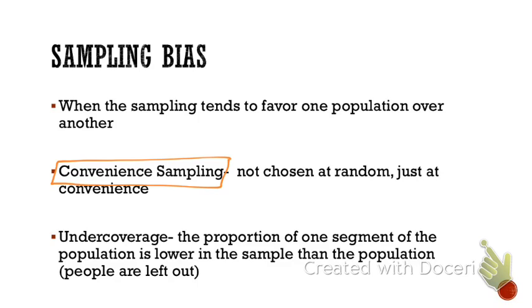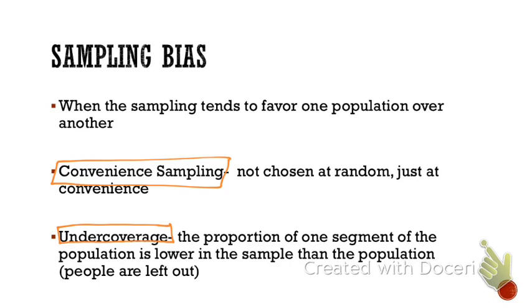The second one is undercoverage, and virtually everything has undercoverage. It's really hard to alleviate this type of bias just because you're always going to leave some people out in some form or capacity. If my population is the entirety of the United States, then it's going to be really hard to include everyone in that, just because I don't have data for everybody.